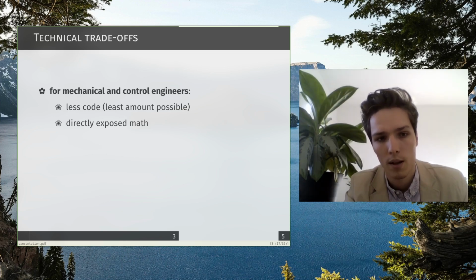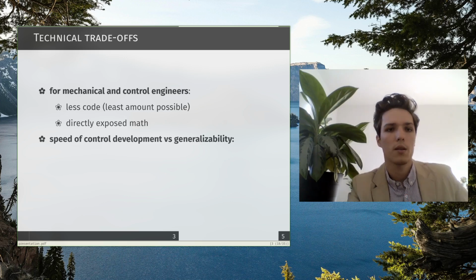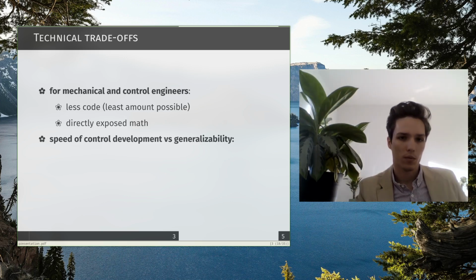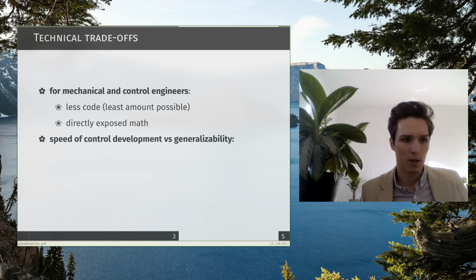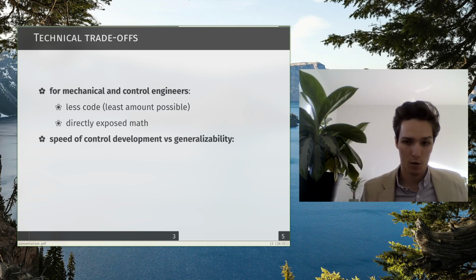And then there's the second consideration here. If you optimize for the speed of the development, you will reduce generalizability and the transferability of this. Now there are ways in which I tried to make this library as transferable to other robots as possible.